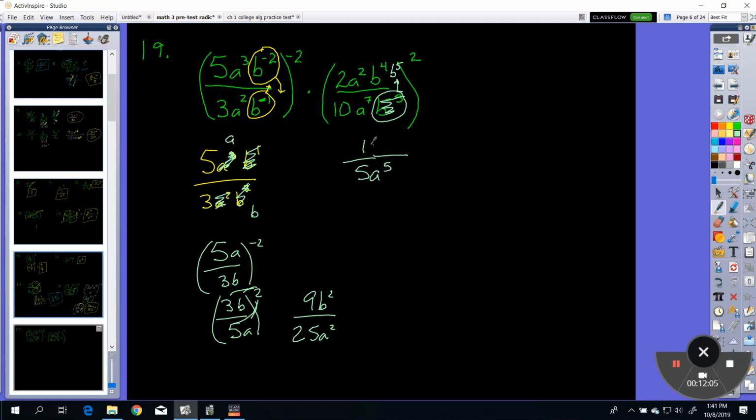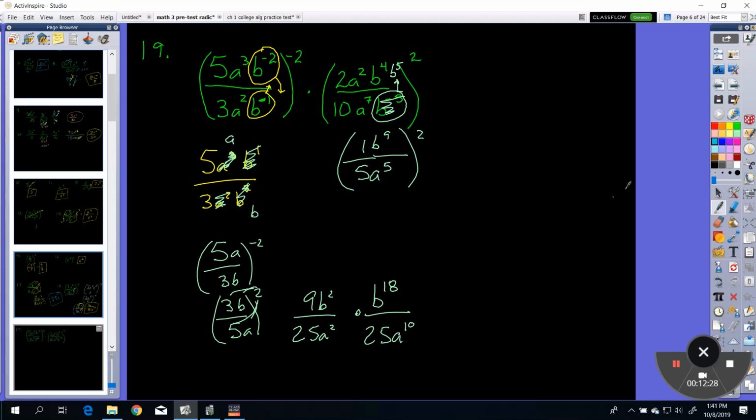And on the top, we just have b to the 9th, because there were 4 b's, and then 5 more makes 9 b's. It's all squared, so 1 squared is 1. b to the 9th squared makes b to the 18th. 5 squared is 25. a to the 5th squared makes a to the 10th.